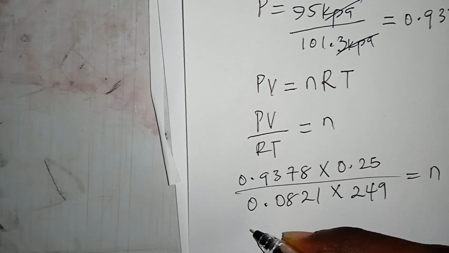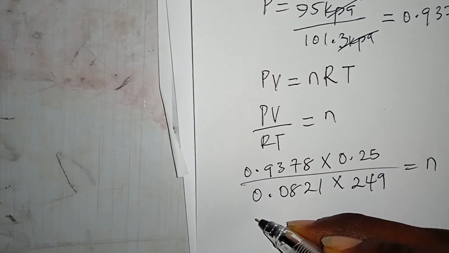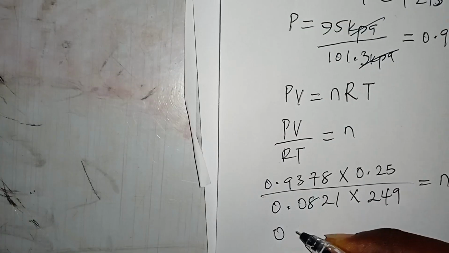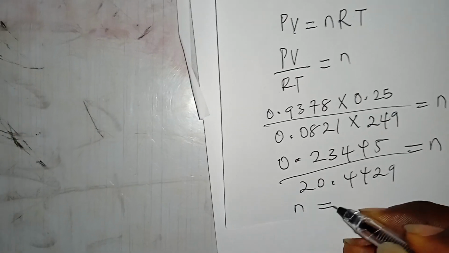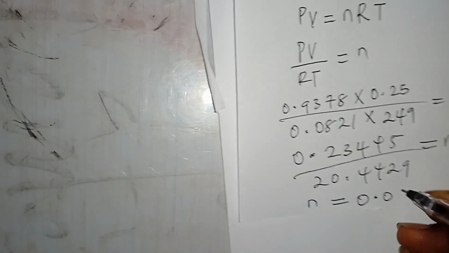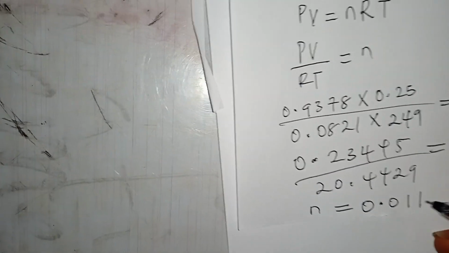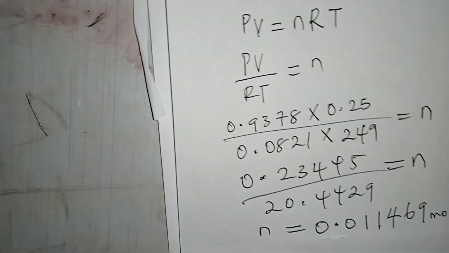By the time you punch it, you have 0.23445 all over 20.4429 equals N. So by the time you punch it, you have that N is equal to 0.011469 mole.